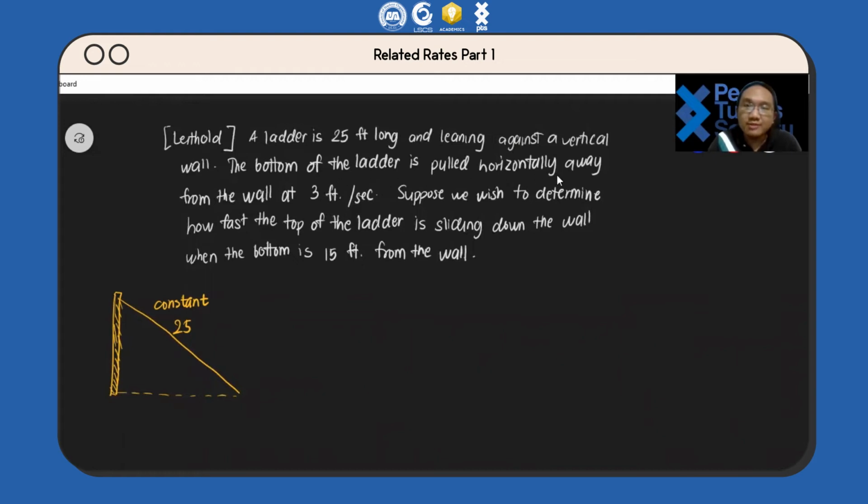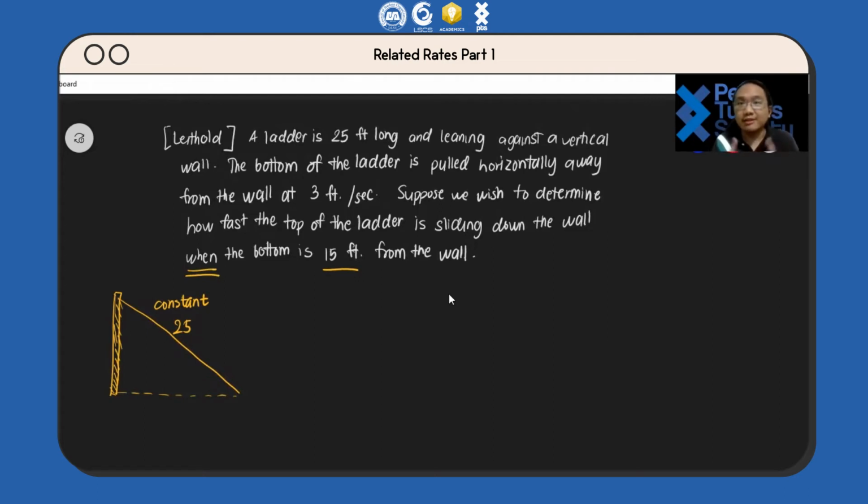So, 25 feet long, leaning against a vertical wall. The bottom of the ladder is pulled horizontally away from the wall at 3 feet per second. Suppose we wish to determine how fast... now, going here, 15 feet from the wall. Is this a constant or is this a known value of a variable? Let's look at the semantics: when the bottom is 15 feet from the wall.